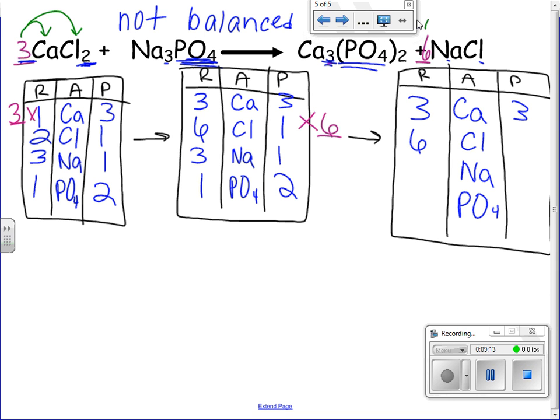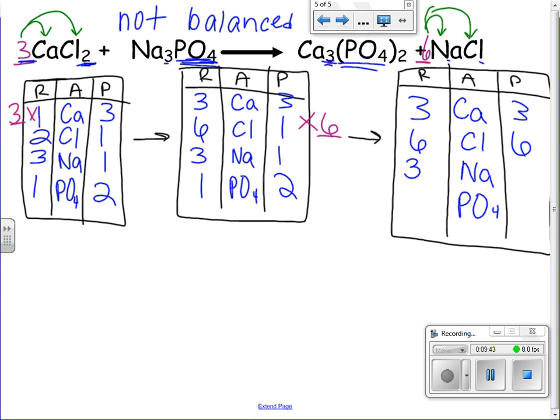Remember, this coefficient 6 gets multiplied through by all the atoms that make up the compound that follow it, okay? So we multiply this 6 by sodium and by our chlorine atoms. So now we have 6 chlorine atoms in our products. So we'll write that in our RAP table. We still have 3 sodium atoms in our reactants. But now we have 6 sodium atoms in our products, right?